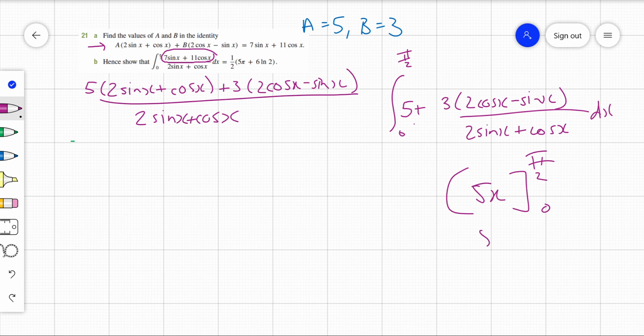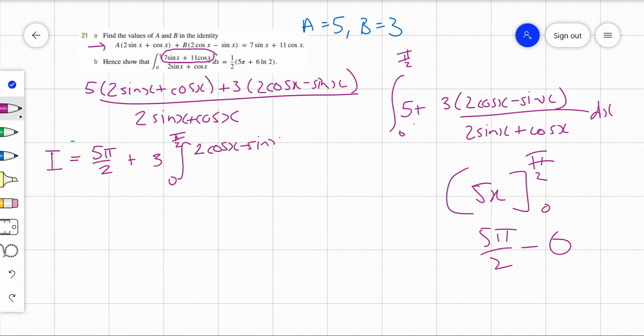If I sub pi on 2 in, I'll get 5 pi on 2. If I sub 0 in, I'll get 0. So I already know the first bit of that integral is 5 pi on 2. Then if I put the 3 outside of 0 to pi on 2, I've just got 2 cos x minus sine x on 2 sine x plus cos x dx.